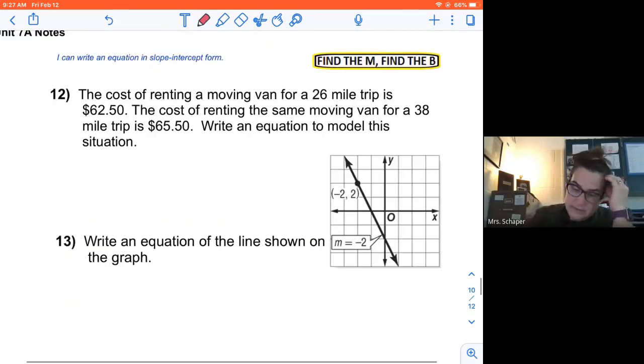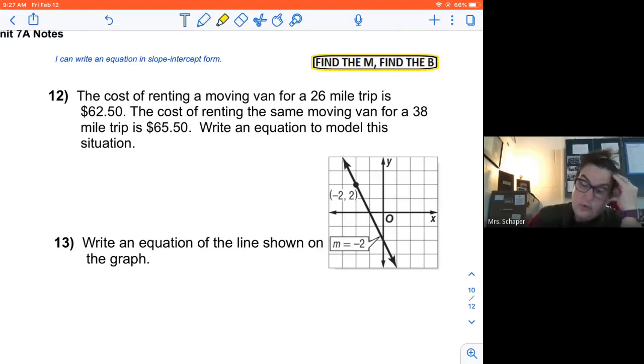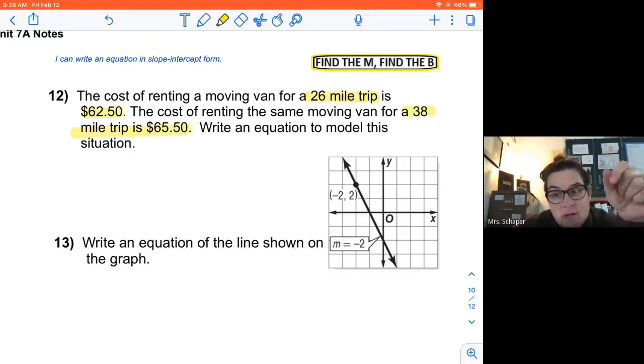All right, the cost of renting a moving van for a 26-mile trip is $62.50. If I rent the same van and drive 38 miles, it's $65.50. So we need to write an equation to model this situation, okay?